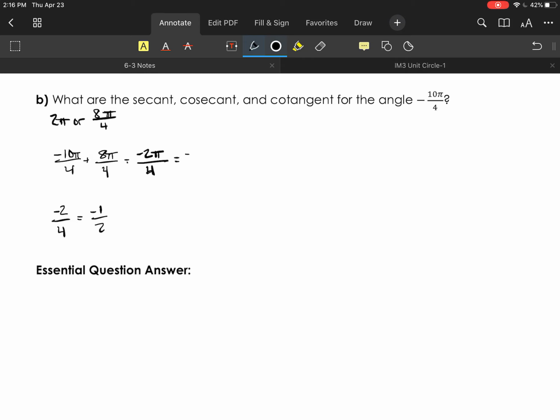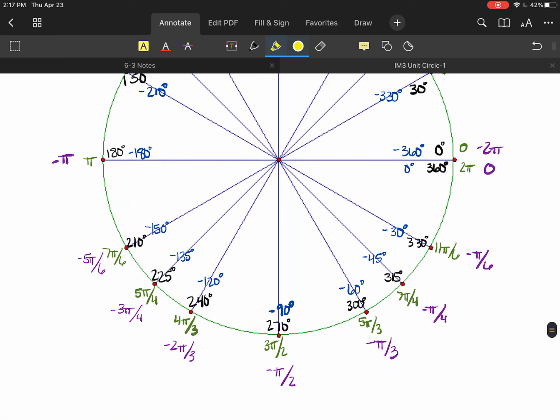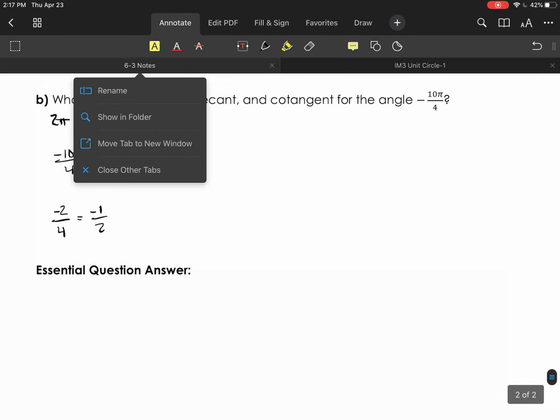So I'm going to reduce this as -pi over 2. You can put a 1 there if you want to, but you don't have to. Now on the unit circle, if I try to locate negative pi over 2, you'll notice that's down here. That's negative 90 degrees, which helps you think of it that way.